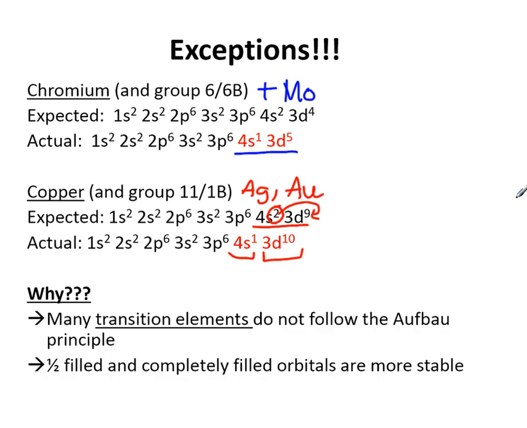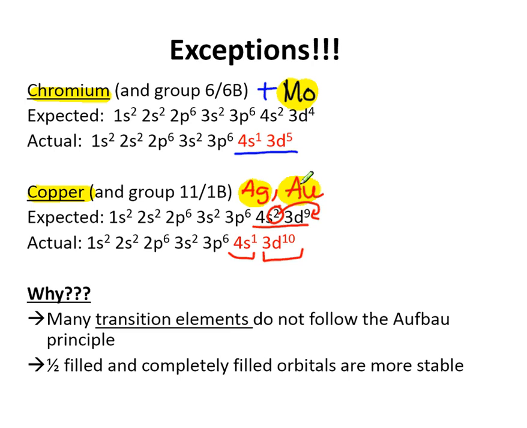So when you're looking at elements and finding that there are some exceptions, these five here are ones that you should be aware of. Copper, chromium, molybdenum, silver, and gold. You might notice there might be similar kinds of patterns with elements that are outside of the transition block.